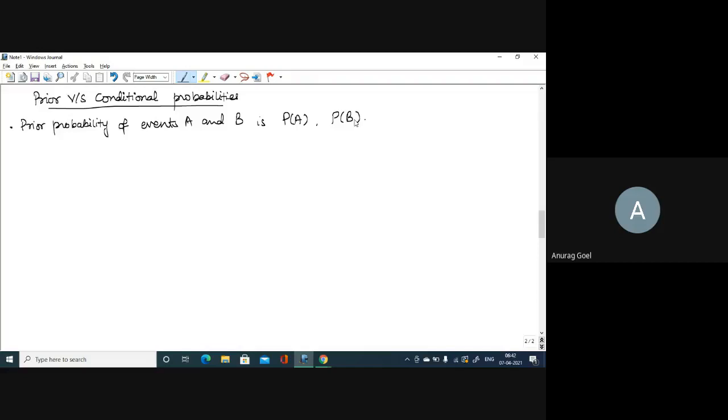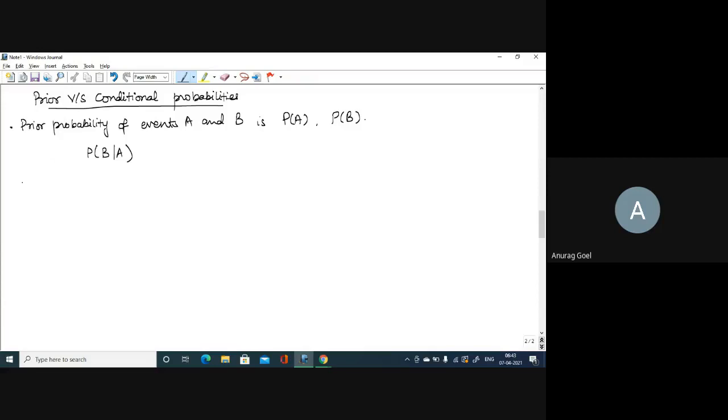But if we know A for sure, then the probability of B might change because they are dependent on each other. If we know that A has occurred, A is true, then the probability of B might have increased or at least been affected. So this is what we represent by P of B given A. That means what is the probability of event B given that we know A has occurred.